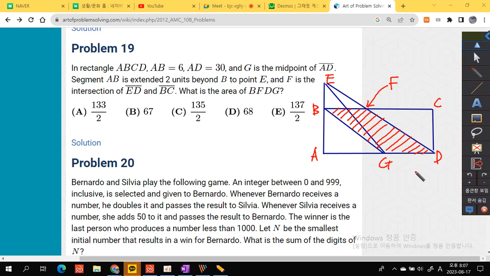So when we compare this EBF and EAD, they are similar triangles, and the ratio of similarity is 2 to 8.